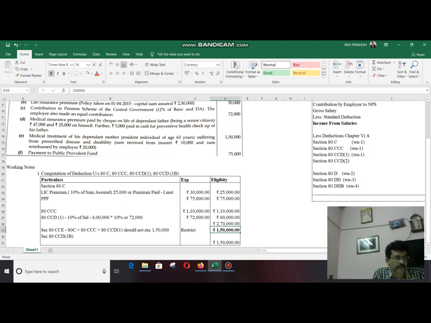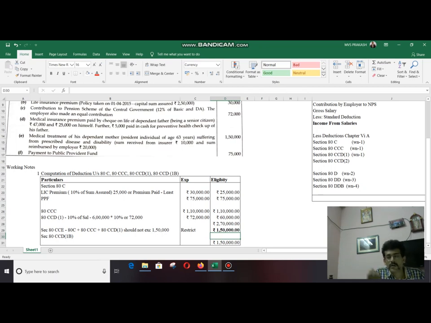Now here if you observe how you are getting this 1,50,000: 80C, LIC and PPF 1 lakh, and your 80CCC is coming to 1,10,000. Total put together is 2,10,000. That means not even a single rupee you are taking from 80CCD subsection 1. As you are not able to avail 80CCD subsection 1, ultimately 80CCD 1B applies.